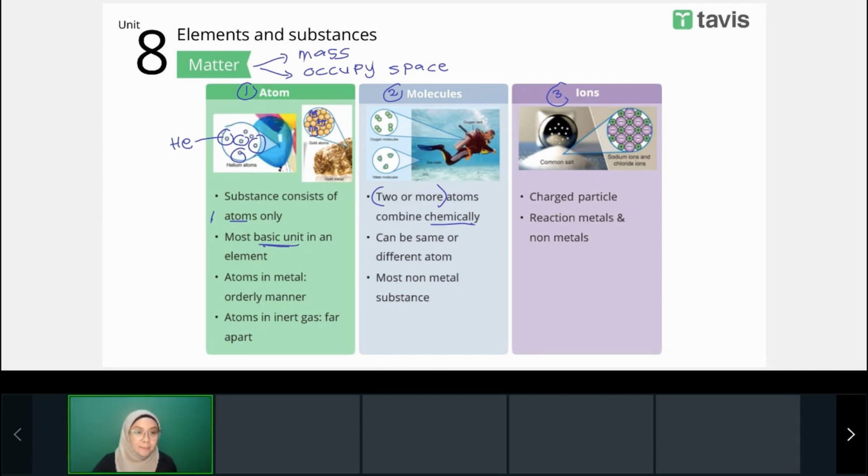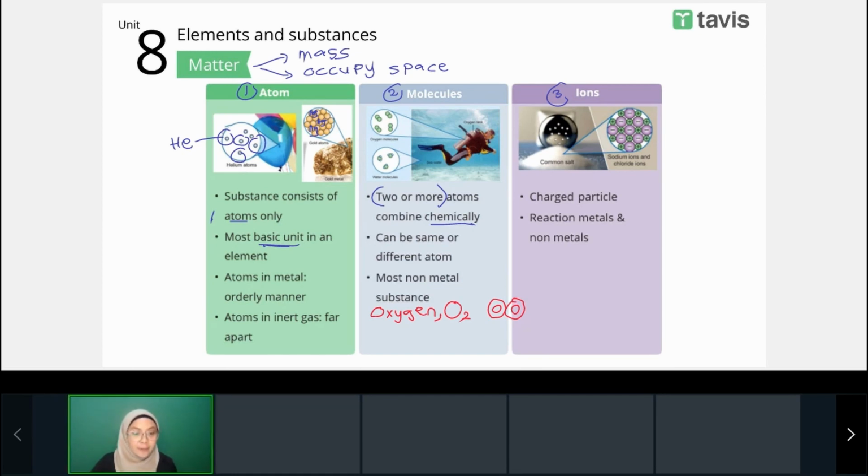I give an example. How about oxygen? The chemical formula is O2. Why O2? Because it consists of two oxygen atoms chemically joined together.